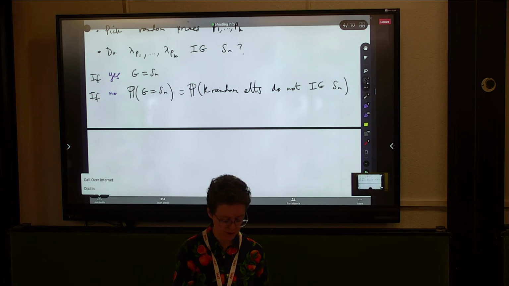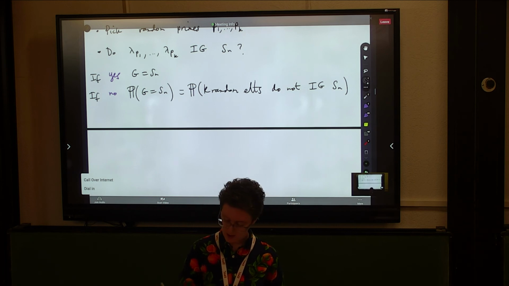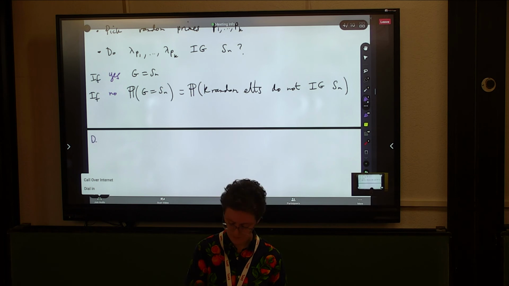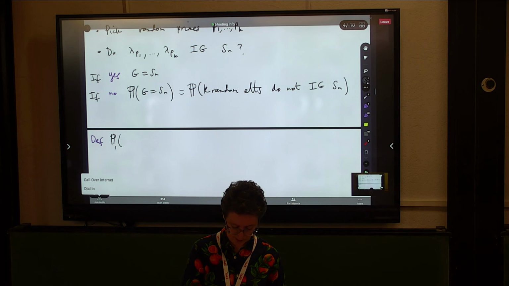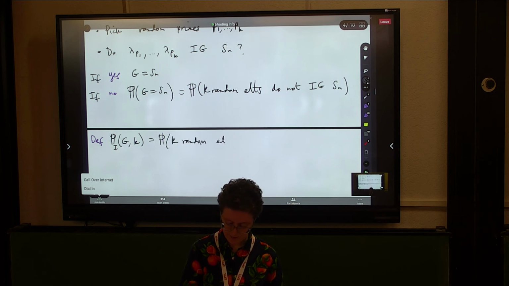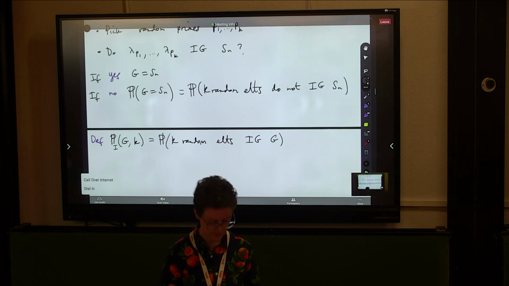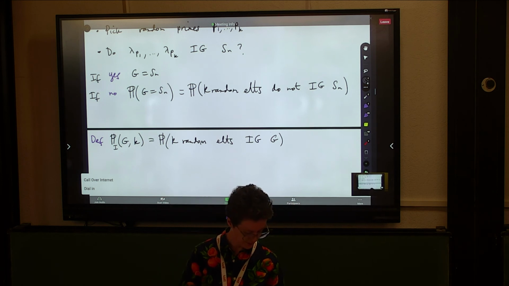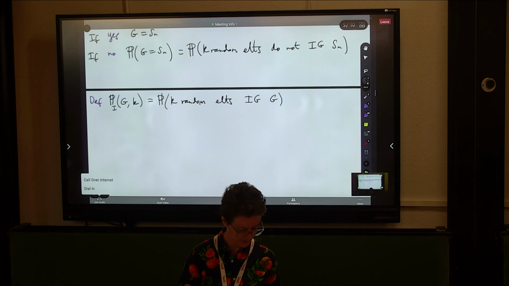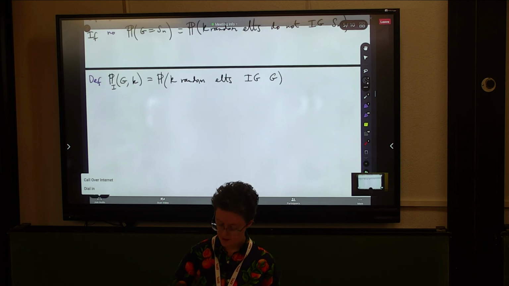So let's give this a name so I don't have to keep writing so much. Let's call it Pi of G and K. It's going to be the probability that K random elements invariably generate G. You mean do or don't?